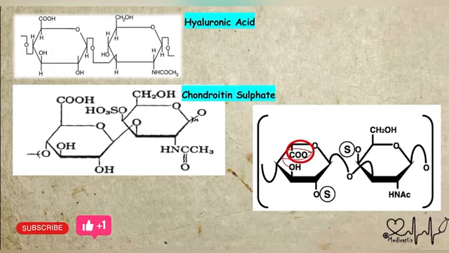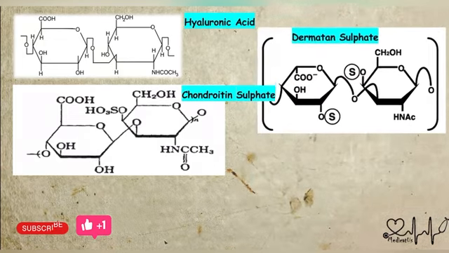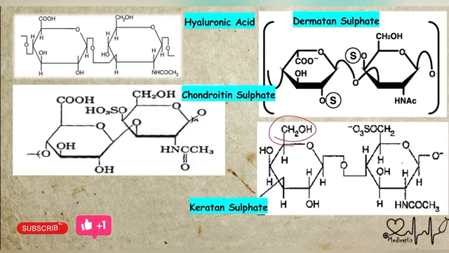It's iduronic acid. And this one is amino sugar. It has OH on the upper side. It means it is galactosamine. And the only mucopolysaccharide which has iduronic acid with galactosamine is dermatan sulfate. Now this structure doesn't have any acid part in it. It means it is keratan sulfate because it doesn't have uronic acid in it.